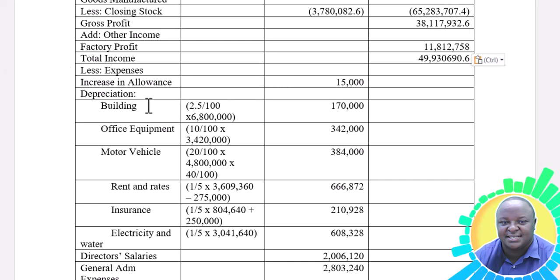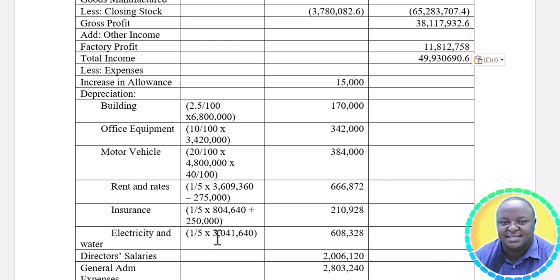Then we come to depreciation, the building, on office equipment, on motor vehicle, and motor vehicle 40% was the one that was allocated to administration. Rent and rates, of course, you use that, and you less the one that had already been prepaid. Insurance, you add the insurance plus the outstanding balance, the premiums that haven't been paid.